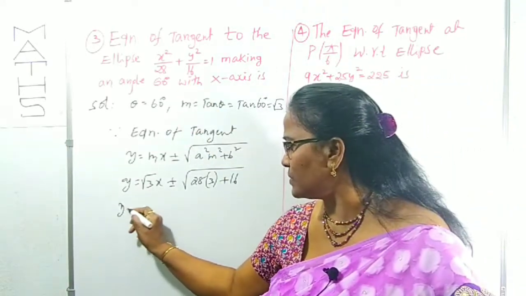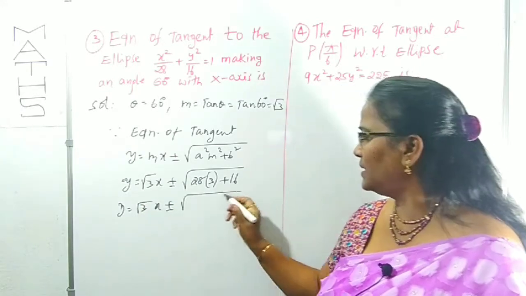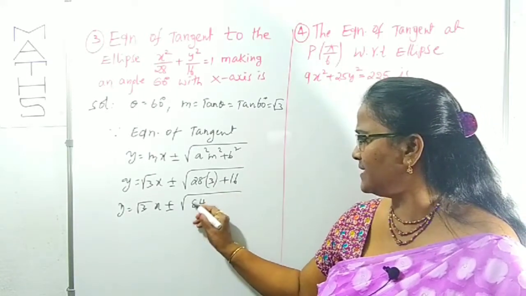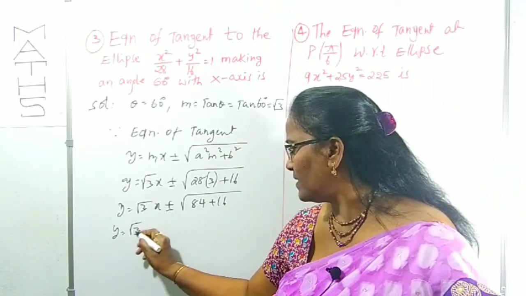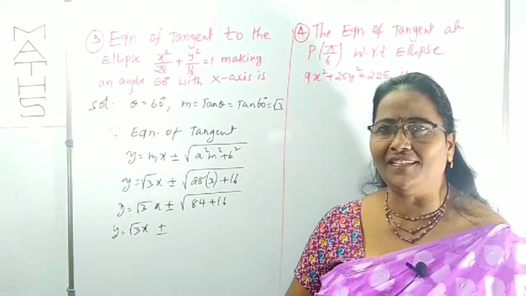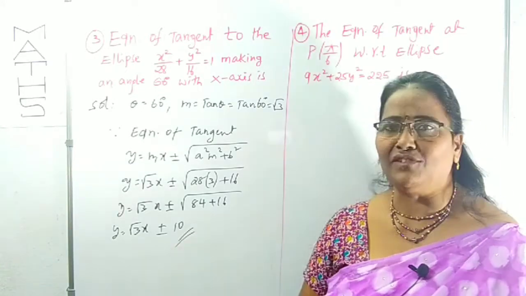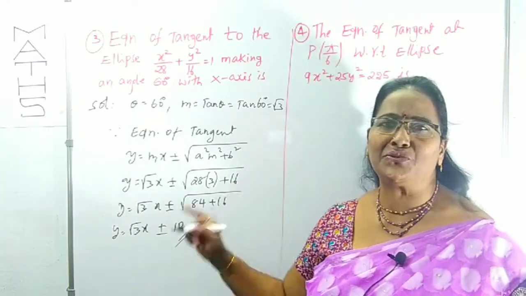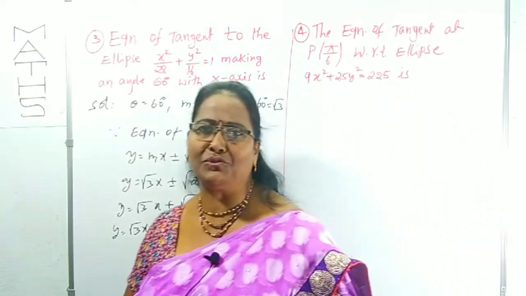This is y equals root 3 x plus or minus root over 28 times 3, which is 84, plus 16. You know clearly the sum of 84 and 16 is 100. Root 100 is 10. This is our required equation of tangent. So you can get the idea which form you have to choose here: we have to choose the slope form only, right? Now we can come to the next question.